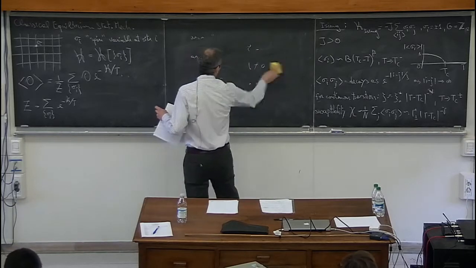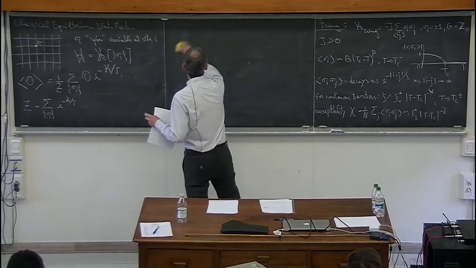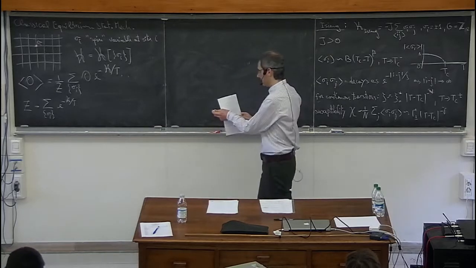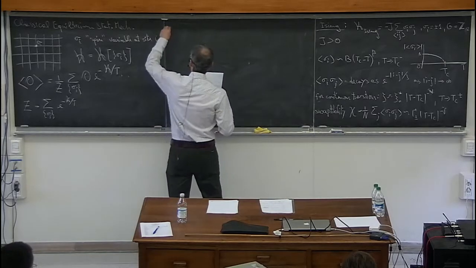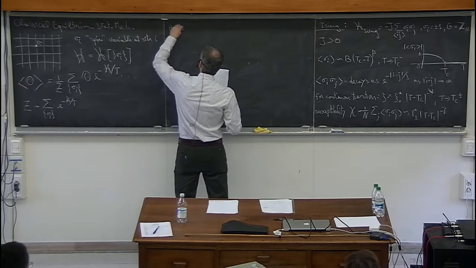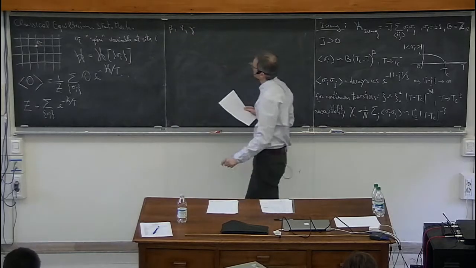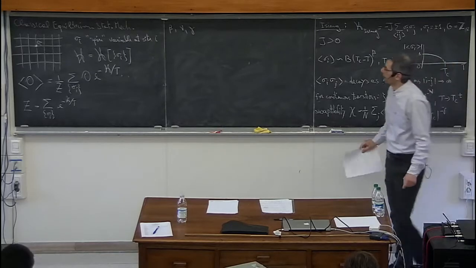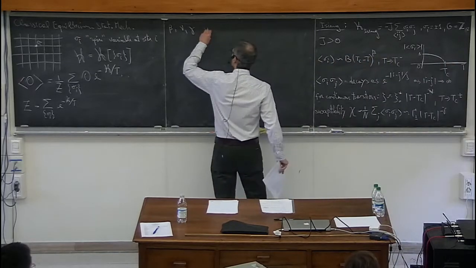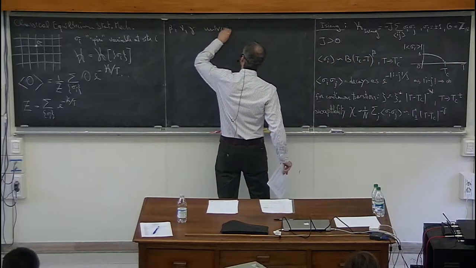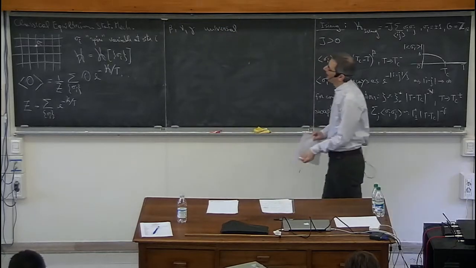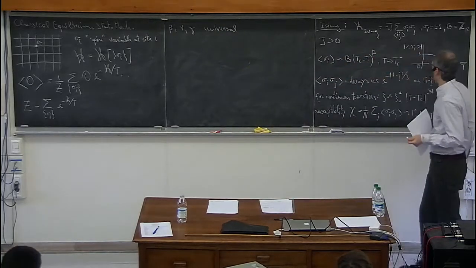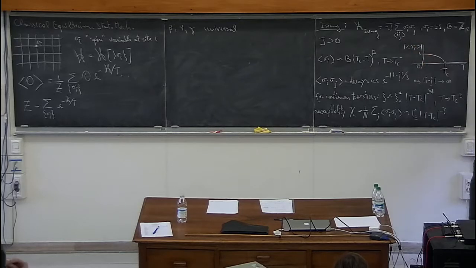Now, what is observed is that these critical exponents introduced up to now, so this beta, nu, gamma, are universal, in the sense that they do not depend on the microscopic details of the system.